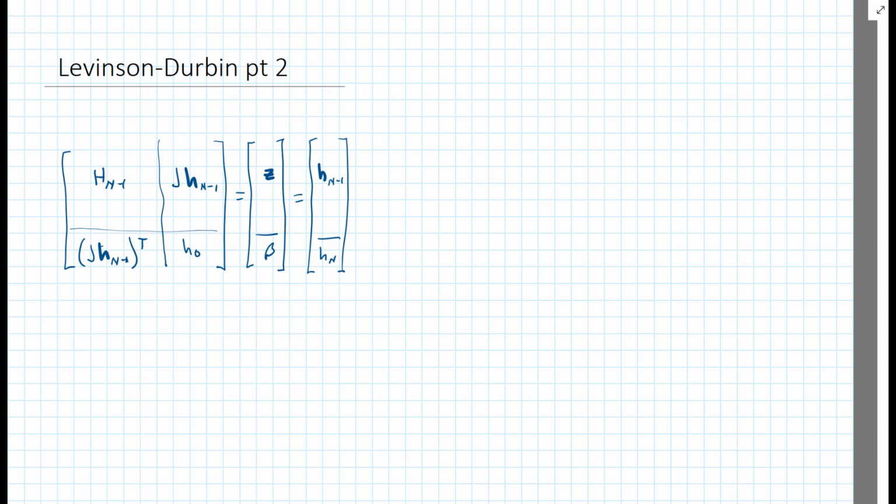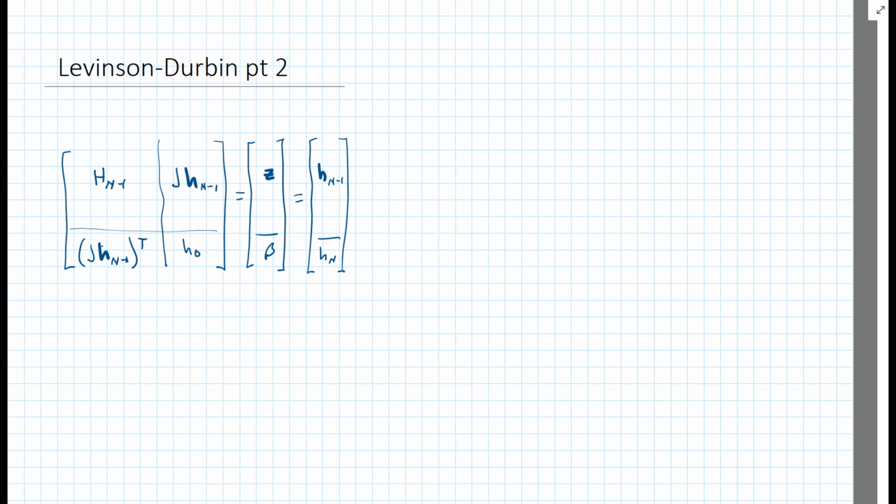We're solving for z and beta, but we're hoping to do this by assuming that we have the n minus 1th order problem solved, and then we want to just do a simple update to solve the nth order problem.